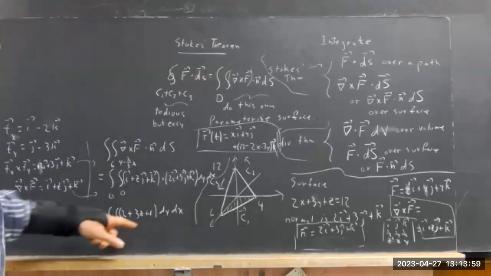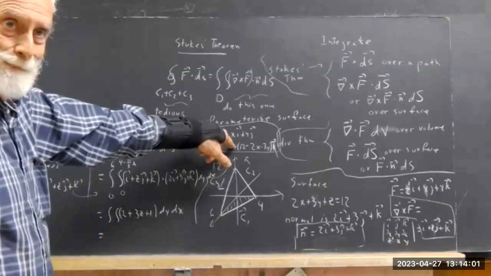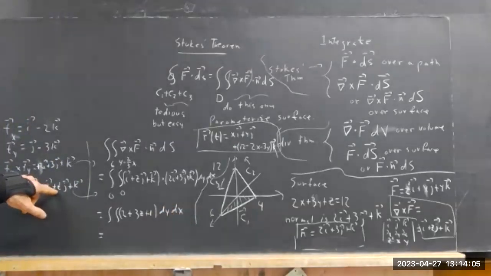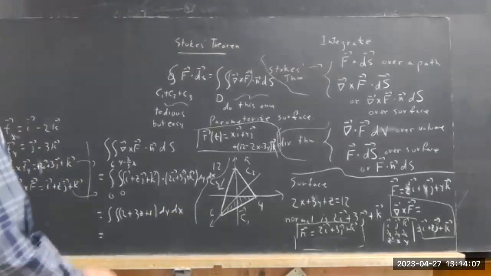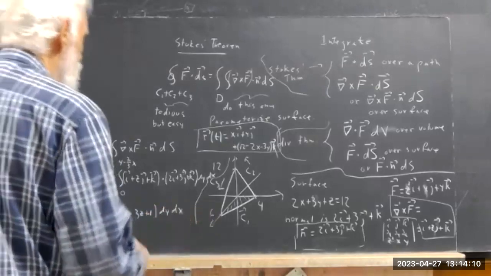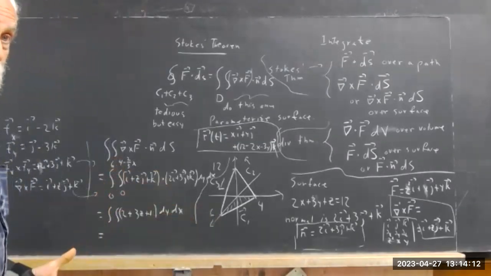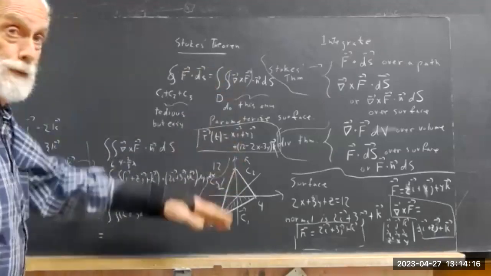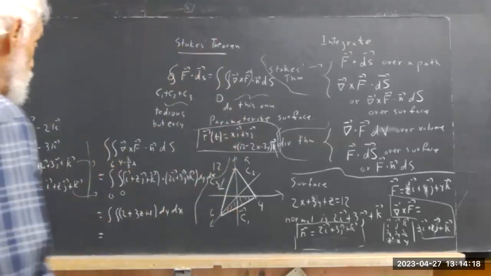I should really have substituted for z before I wrote this down, but it's not too late. You see, I don't have a z in here. I can't integrate z, and z is not a constant. On the surface, z varies.